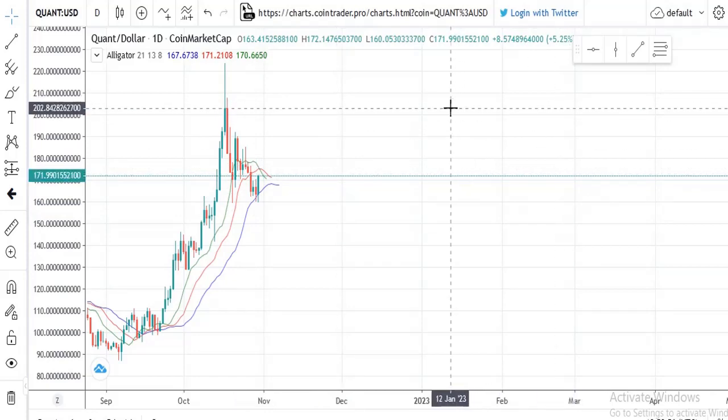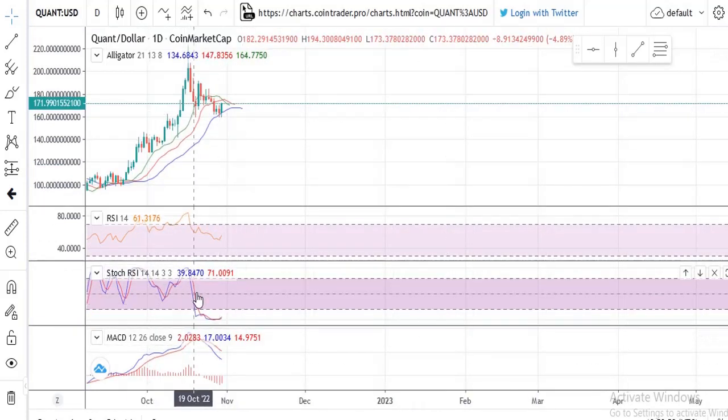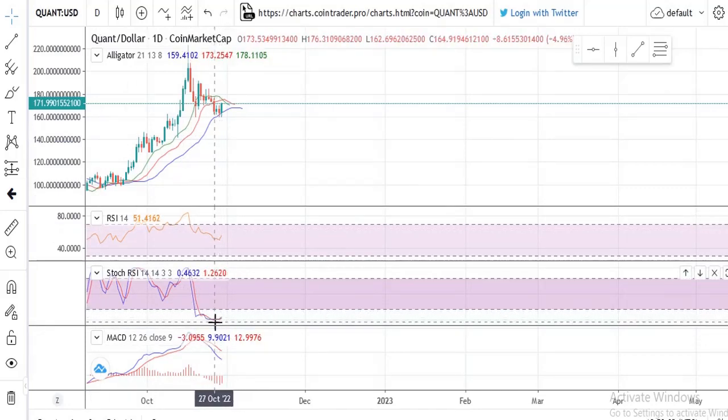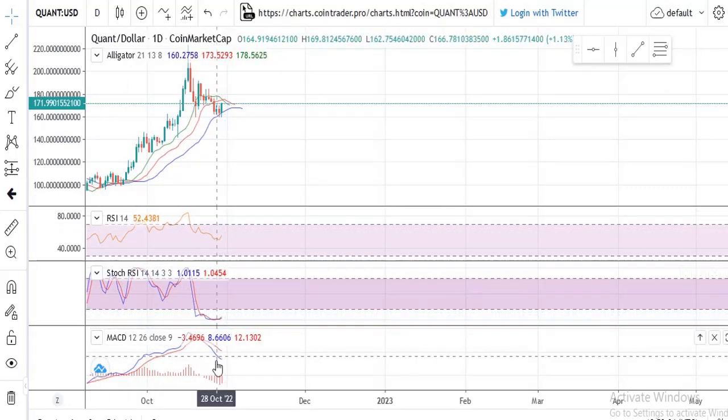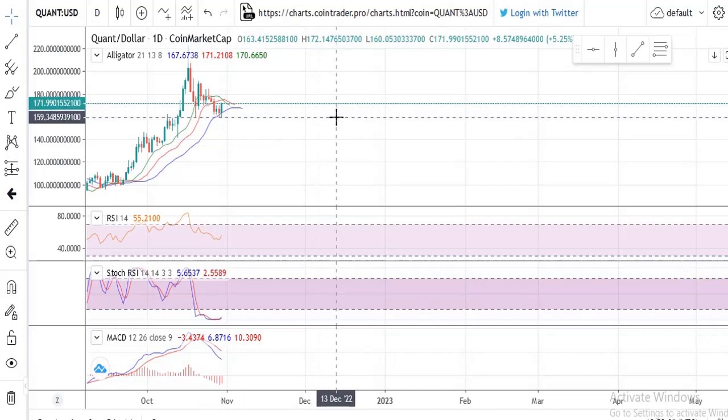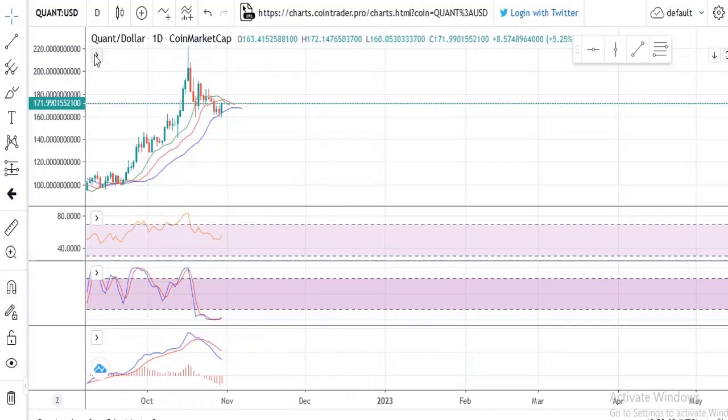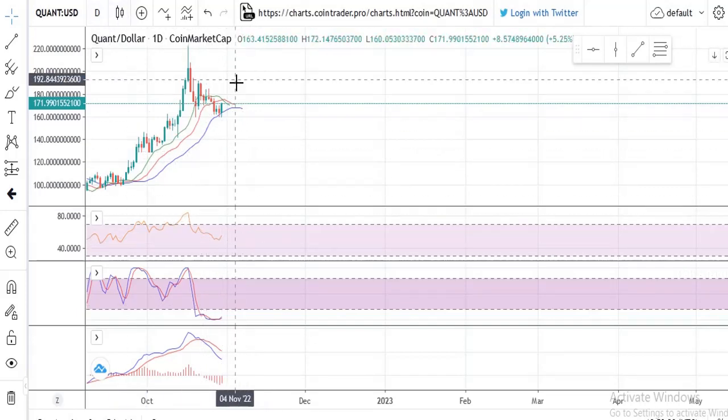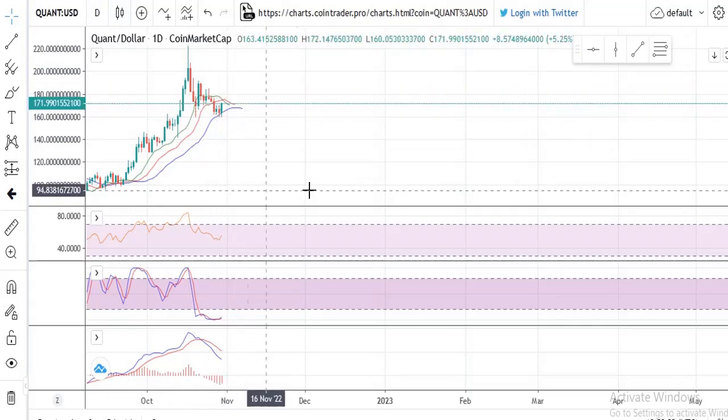If we go down to a few of our indicators, we said the stochastic was oversold, and we're having a bullish divergence on the MACD and on the stochastic. This is very bullish, so we should see a push up anytime soon, and we're already seeing that push up at the making of the video.